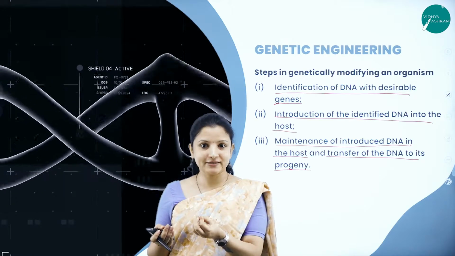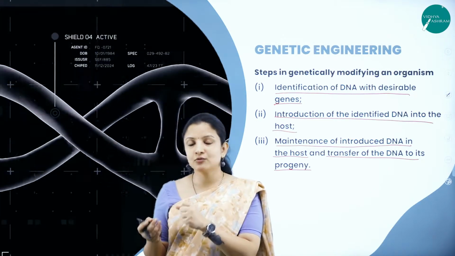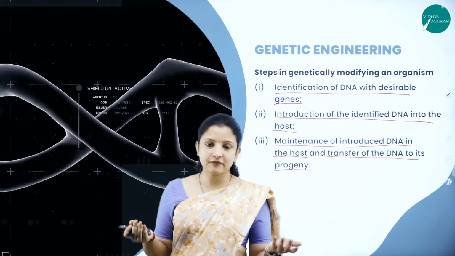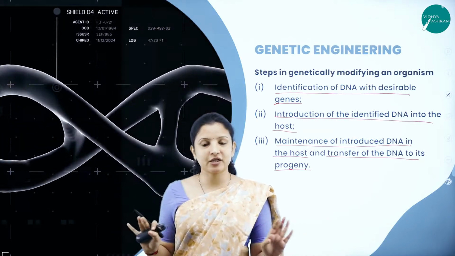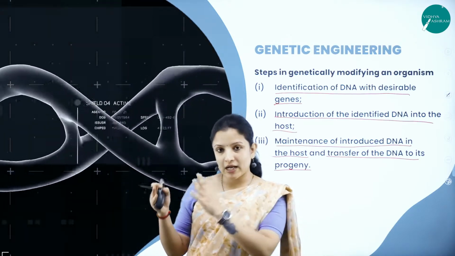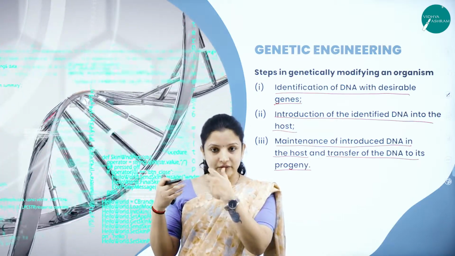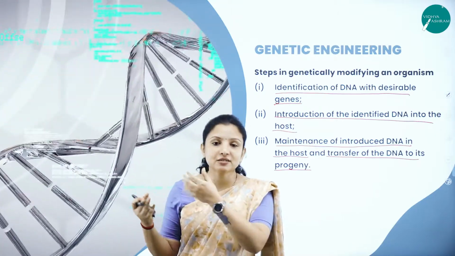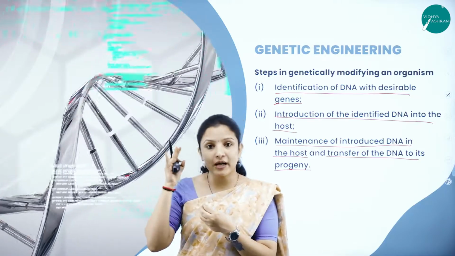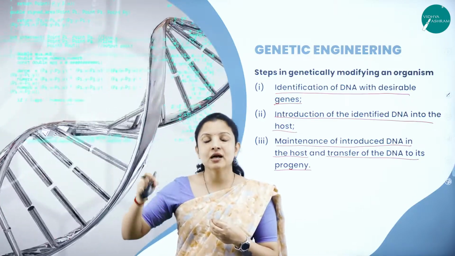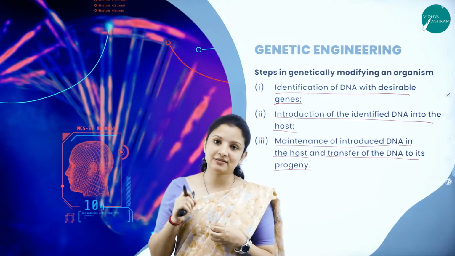It will produce seeds, right? Is that enough? If it produces seeds, will your experiment be over there? No. You have to sow those seeds again. When those seeds germinate and the saplings come out, you have to check whether the genes have been transferred to the saplings as well.